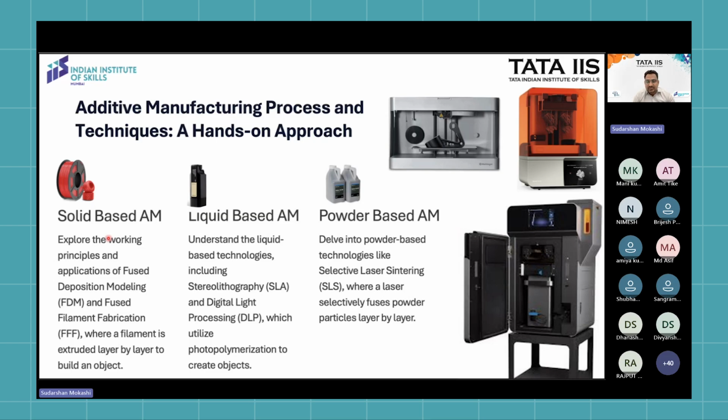Here we use a liquid photopolymer resin, which hardens in contact with UV light. And the third one is SLS. We have a Fuse 1 plus 30-watt machine to get hands-on with this technology. One by one, we will see these technologies in depth in the next slides.